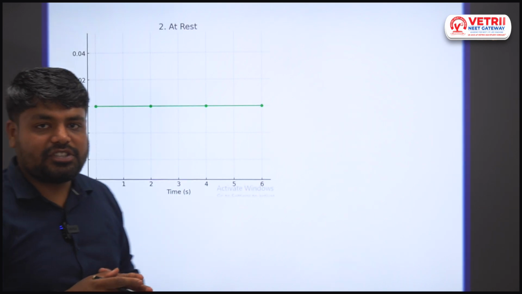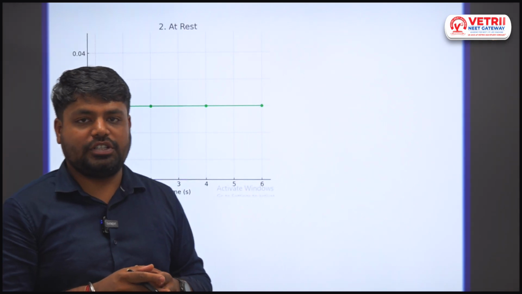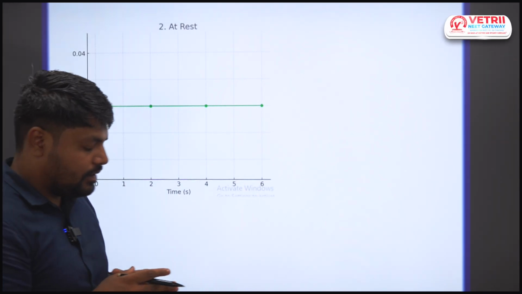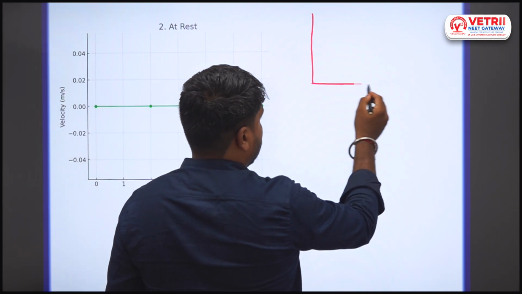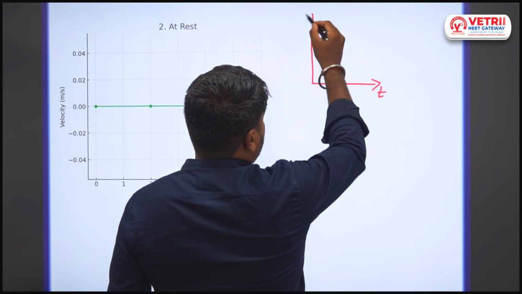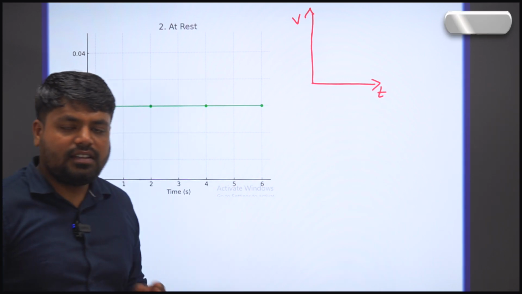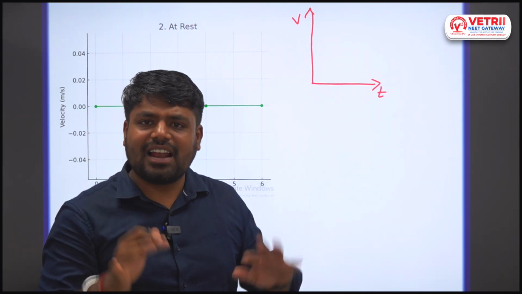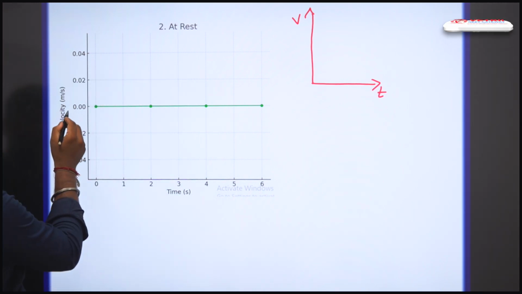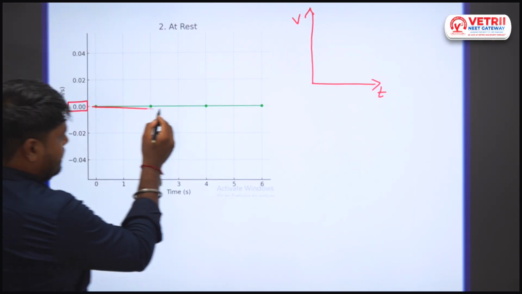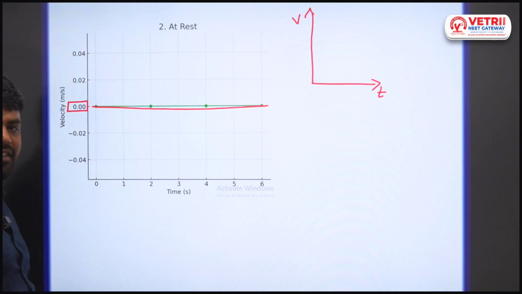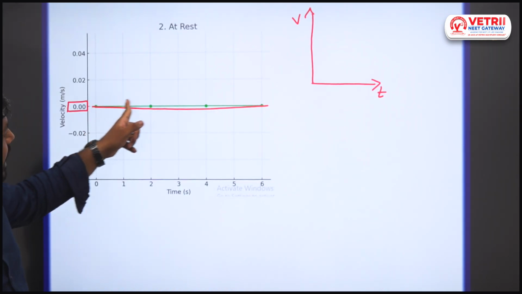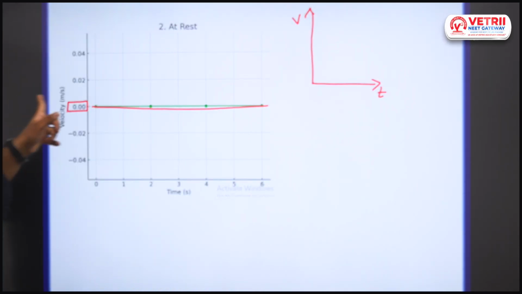Now, at rest position. In the velocity time graph, at rest means the body does not move, so it does not have any velocity. At velocity 0, the graph is a straight line; all the time the velocity should be 0 only.